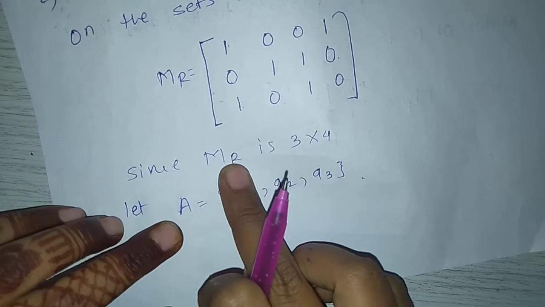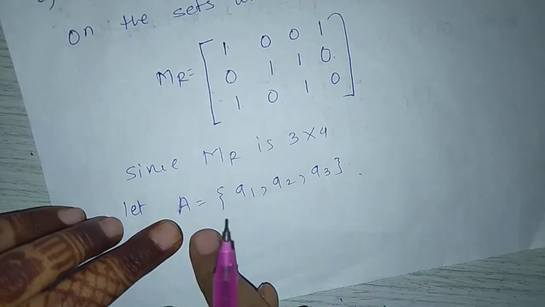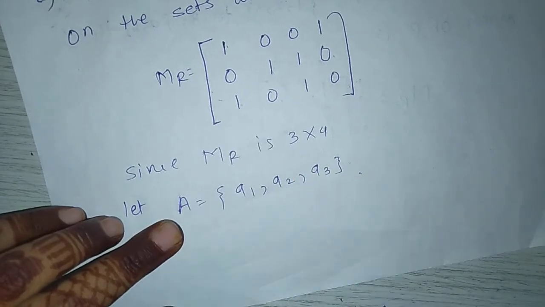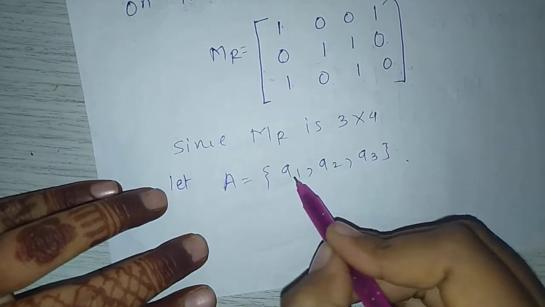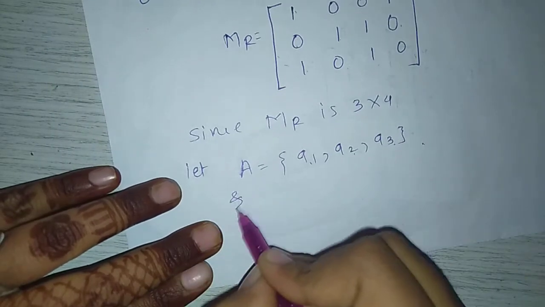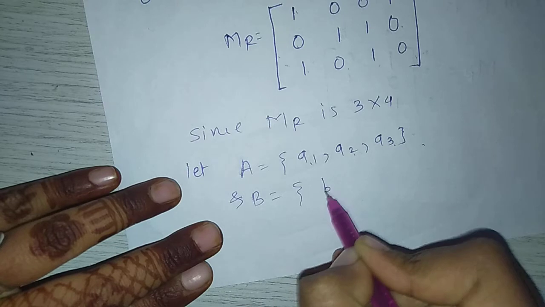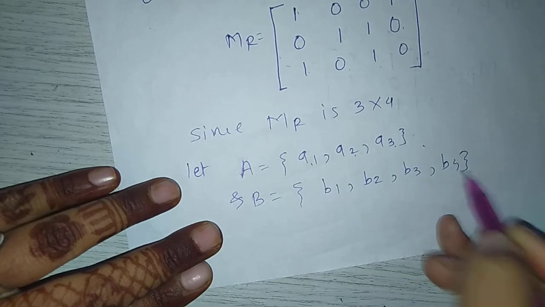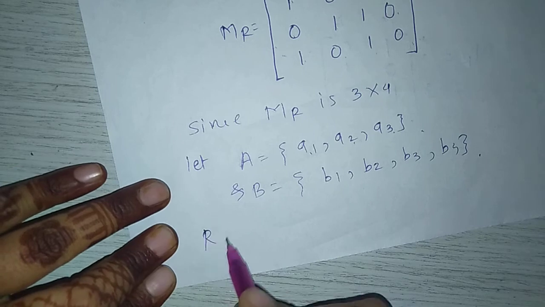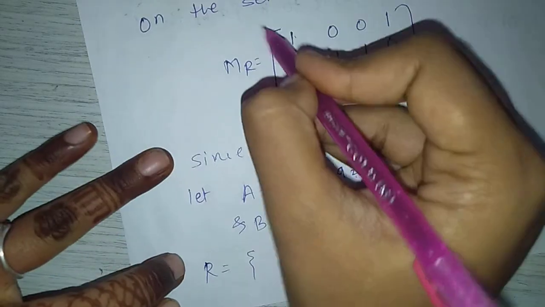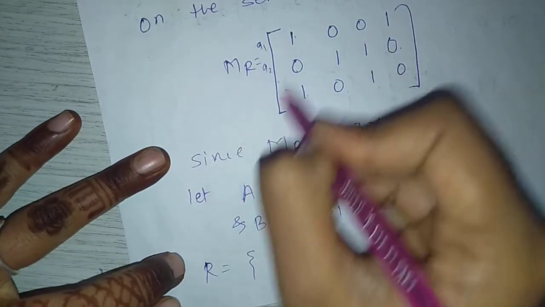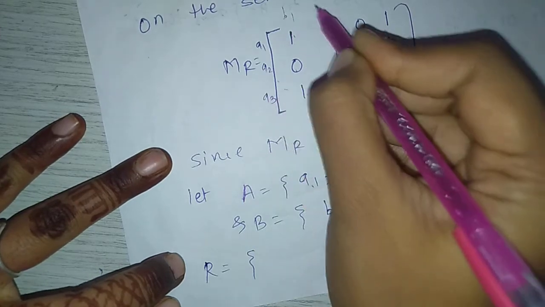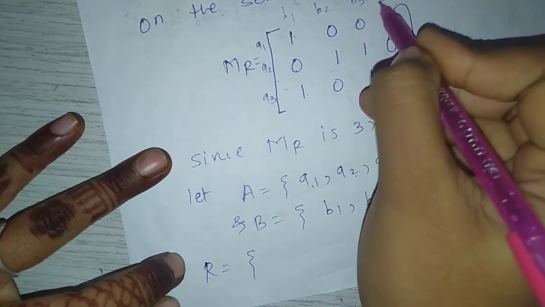So here MR is a 3 by 4 matrix, so A contains 3 elements and B contains 4 elements: A1, A2, A3 and B equal to B1, B2, B3, B4.